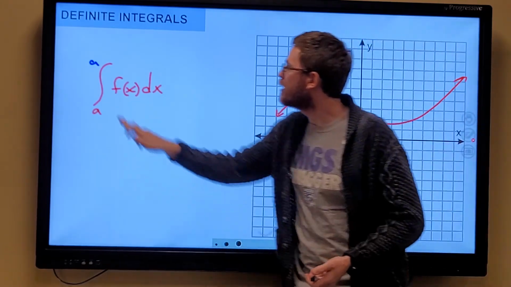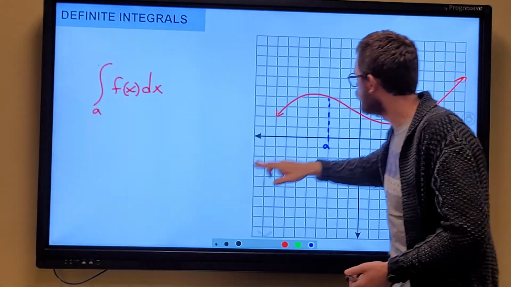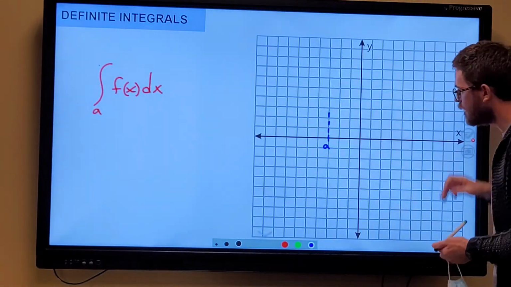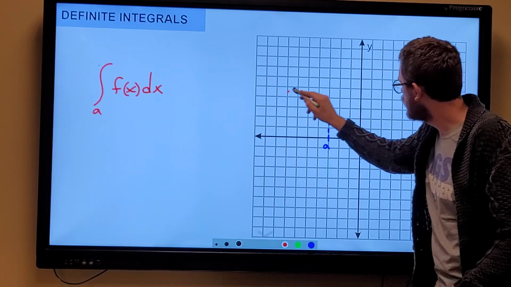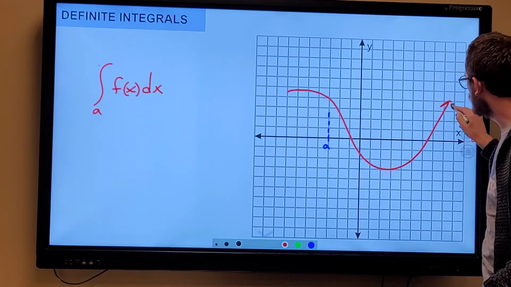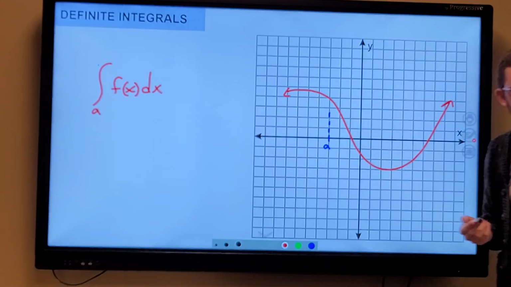One of the other things that we talked about yesterday is if a function goes below the x-axis.